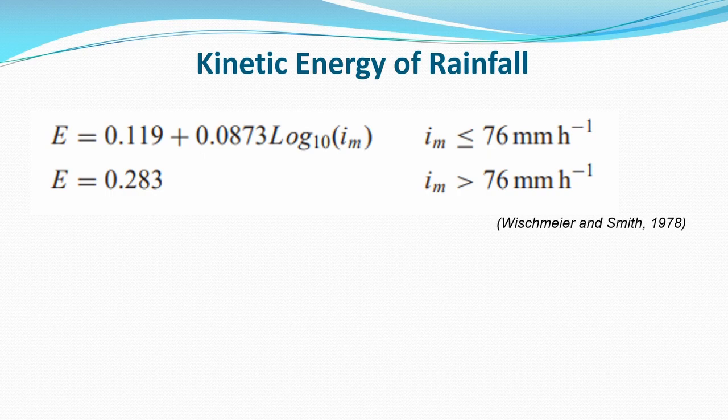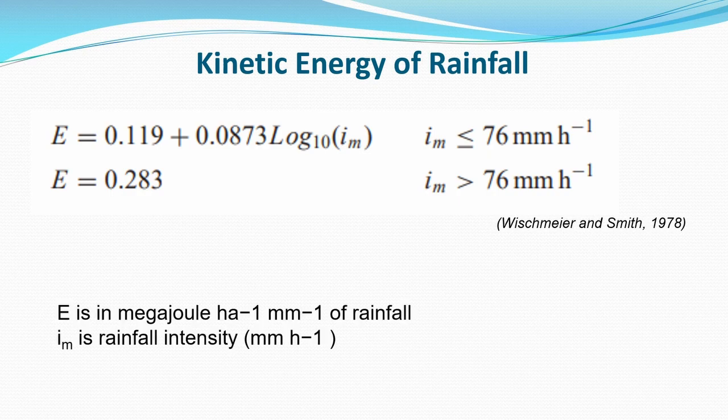In the first equation, if we substitute the value of intensity, we will get the kinetic energy. In case the intensity is greater than 76 millimeters per hour, we just have to assume that the kinetic energy will be equal to 0.283. Here the kinetic energy is in megajoules per hectare millimeter of rainfall, and I is the rainfall intensity in millimeters per hour.